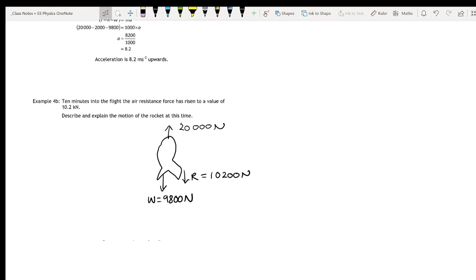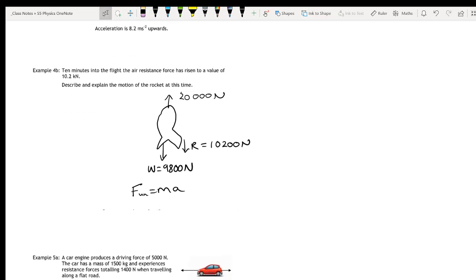Okay, you might notice straight away something about this, but you might not. And if you don't, it doesn't matter. You can put it straight in. You put it into the F equals ma equation. So unbalanced force equals mass times acceleration. So it's going to be your 20,000 take away 9,800 take away 10,200 is the mass, which is 1,000, times the acceleration.